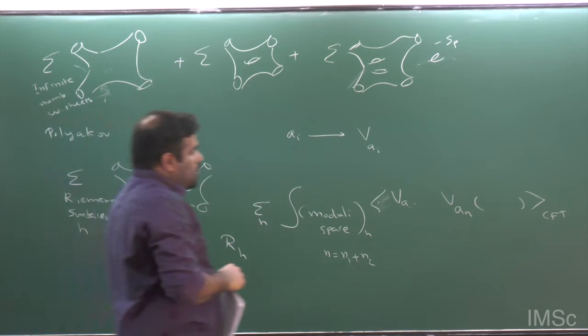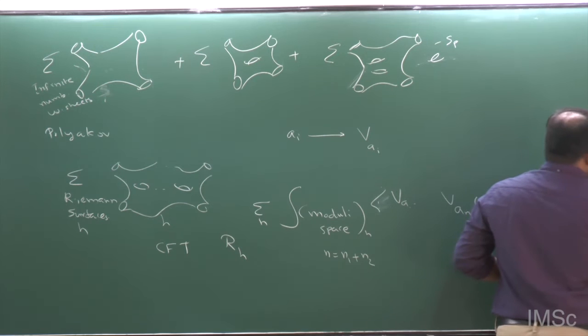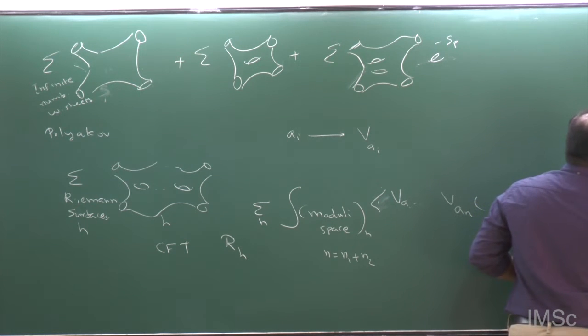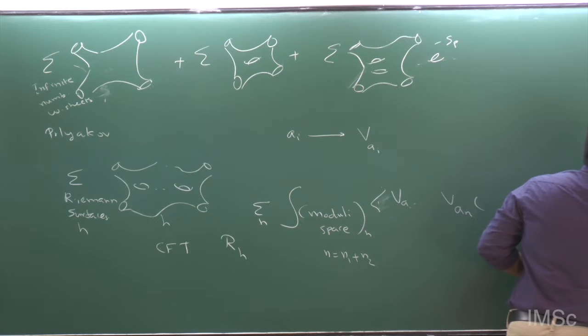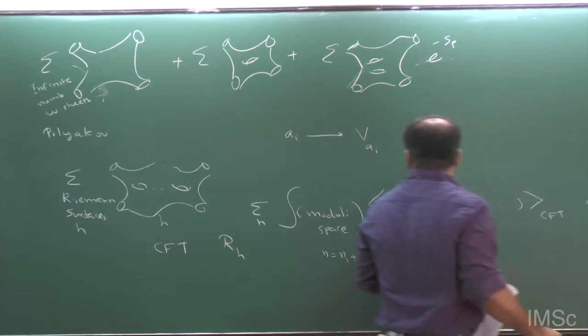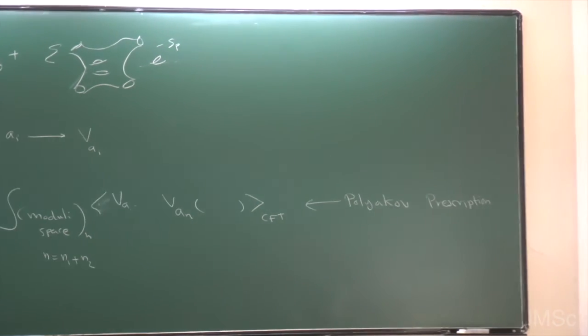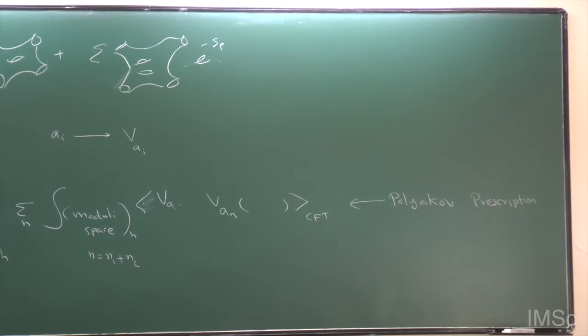So this is what people usually call the Polyakov prescription for computing scattering amplitude in string theory. So here we don't really use any Lagrangian, but this prescription works if you assume certain things. This definition is consistent only if you assume that the momentum for the external states satisfies the classical on-shell condition.